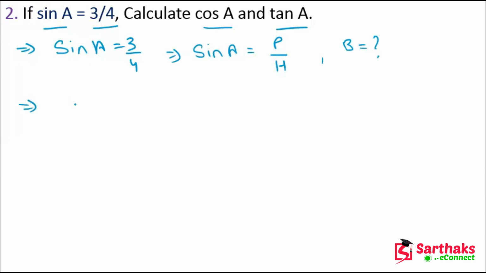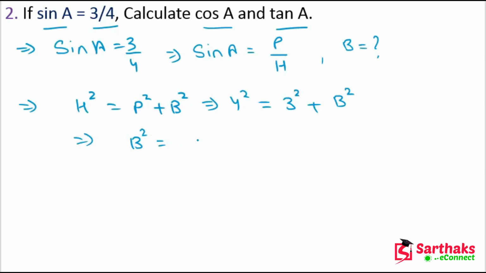We can find it by Pythagoras theorem: hypotenuse square is equal to perpendicular square plus base square. Hypotenuse is 4, so 4 square is equal to 3 square plus b square, and we don't know the value of b square. With the help of this we can easily find b. So this will become 16 minus 9, which gives 7. So b, the base, is the square root of 7.